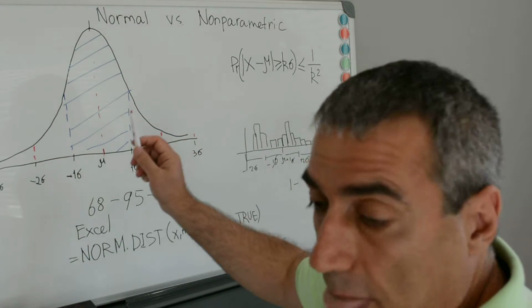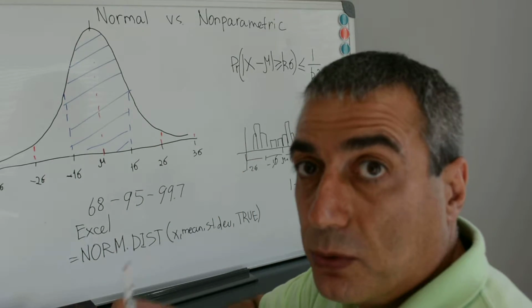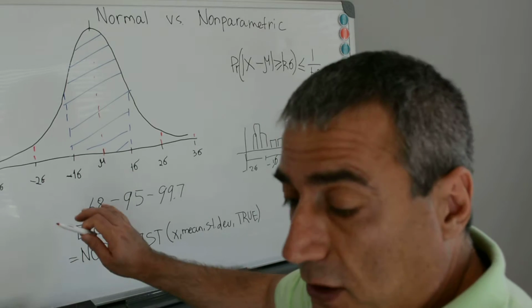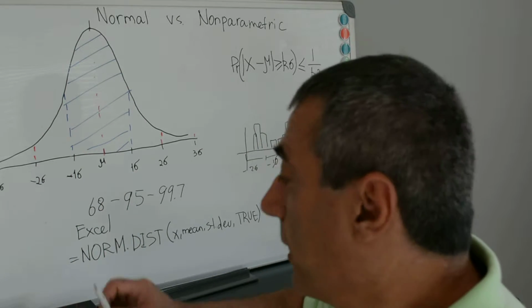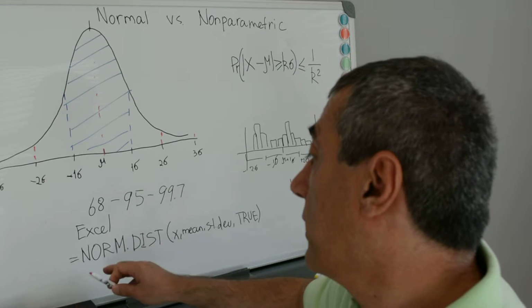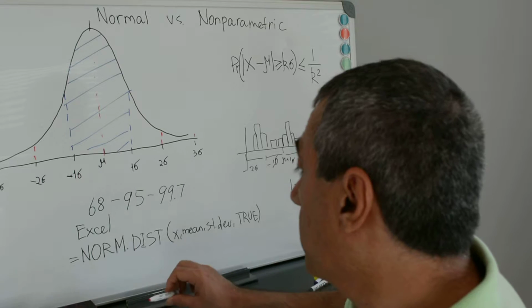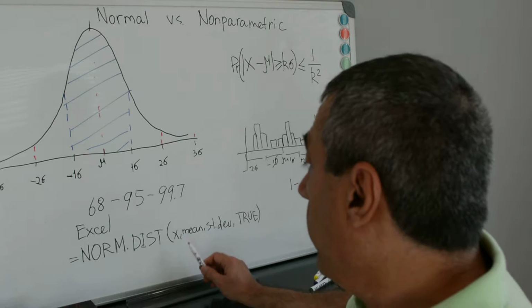But to work in a real coordinate system, we are going to use a non-standard normal distribution, or just normal distribution, which will require us to input the x.